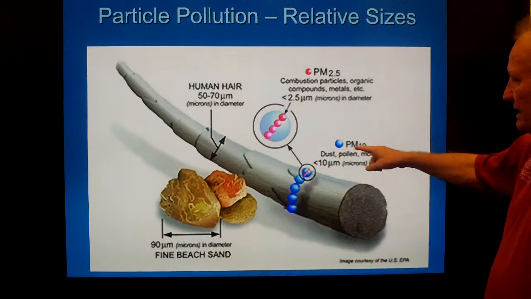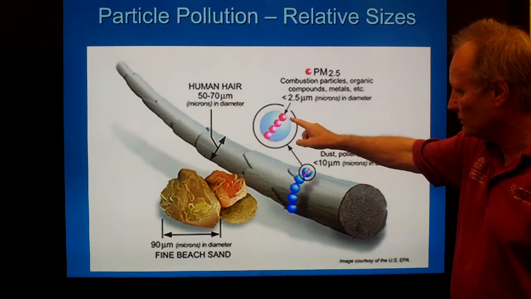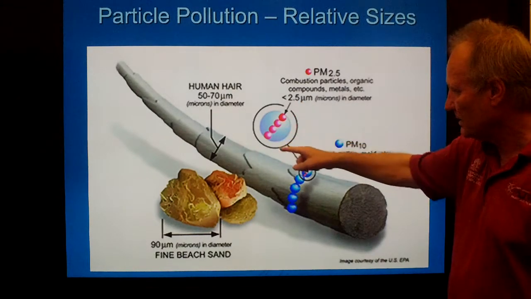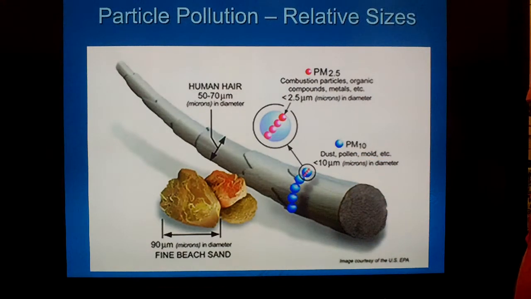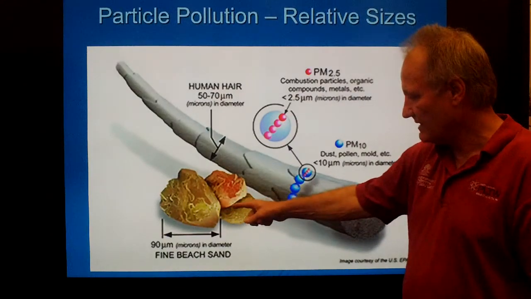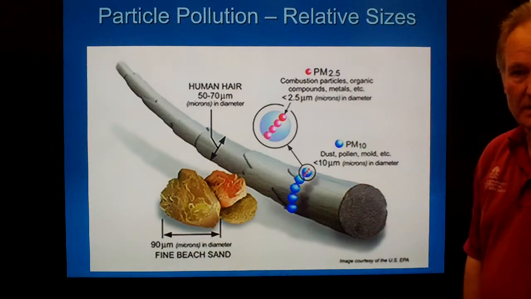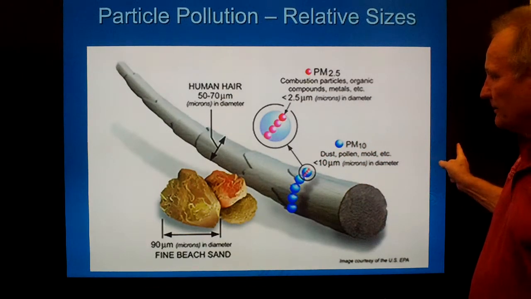One of those is a PM10, and of those PM2.5, there will be 4 of those in a PM10. Fine beach sand, you know, when you go to the beach you have fine sand on you, that's 90 micrometers. So that gives you an idea of what size particle we're talking about.